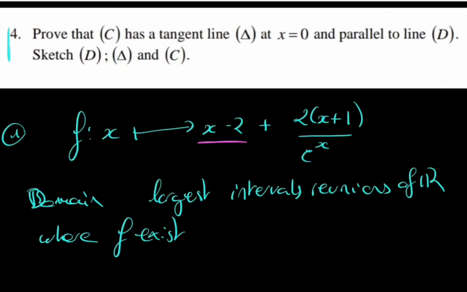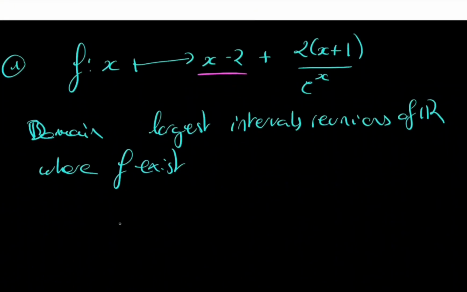Not from this polynomial part of the function, but from this quotient if we had the denominator equal to 0 for some x. Do we have our denominator equal to 0? No, because exponential of x is always strictly greater than 0. So no division by 0.